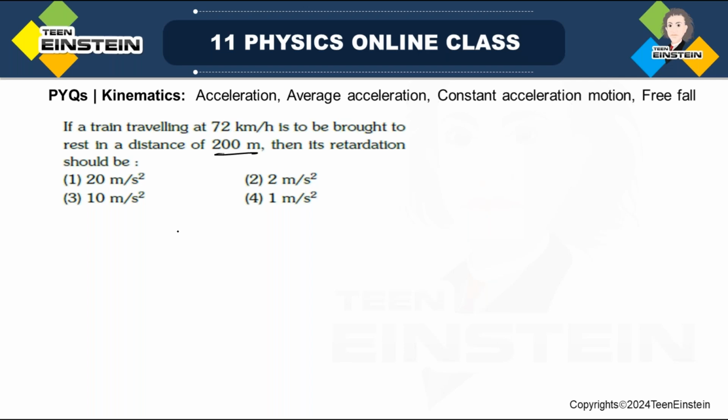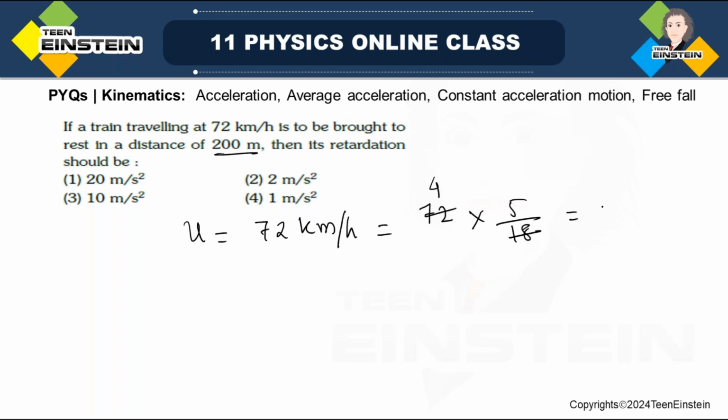See, the initial speed is given as 72 km per hour. Okay, we know kilometer per hour can be converted into meter per second by multiplying by 5 by 18.